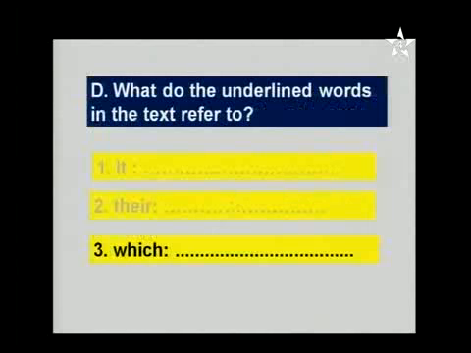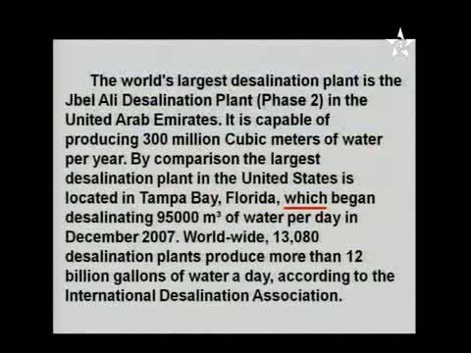Okay? Now we've got one more word, which. Now what does which refer to in the text? First, let's go to the text and find which. As you can see, which is there. It's underlined in red. Please, let me read, starting from by comparison. Can you see it?